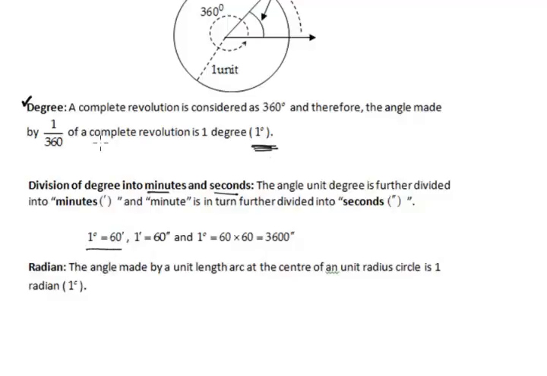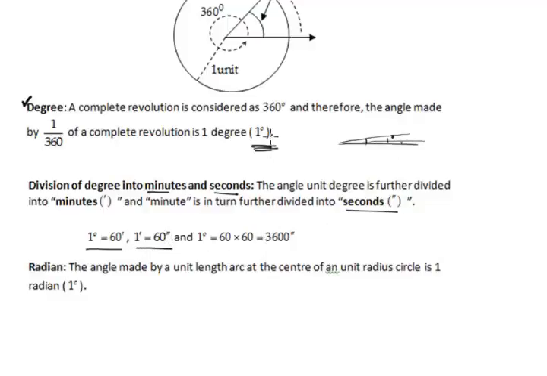If we divide this 1 degree angle, which is a very small angle, further 60 times, then one part will be 1 minute. And then that 1 minute angle is very tiny, and if we divide it again 60 times, then one part will be 1 second. That means 1 minute is 60 seconds.